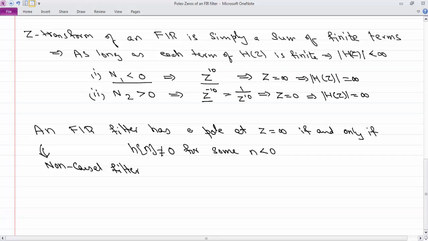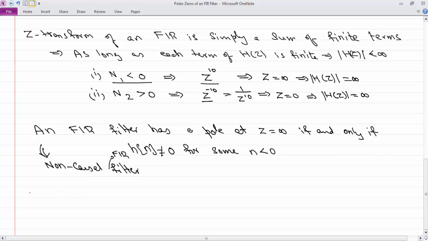So if you are given a pole zero diagram of some FIR filter, and the filter has no pole except at z equal to infinity, and maybe z equal to 0, but if it has a pole at z equal to infinity and no other pole, then you can conclude that that filter is an FIR filter, and at the same time it's a non-causal filter. So this is a non-causal FIR filter.